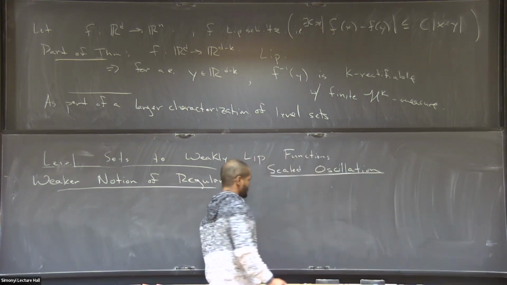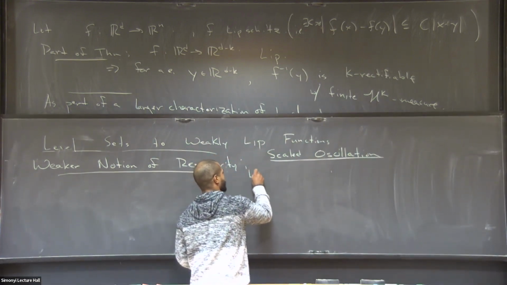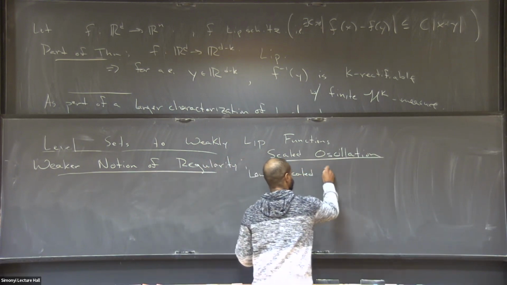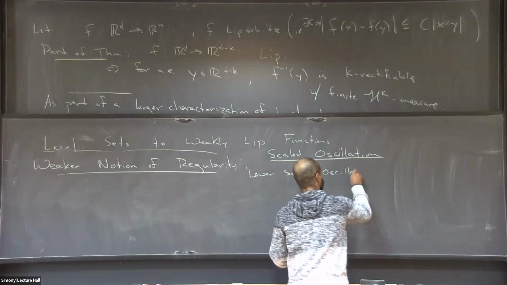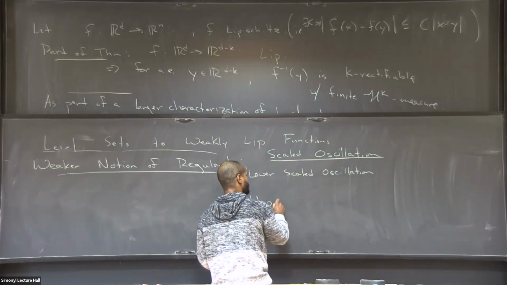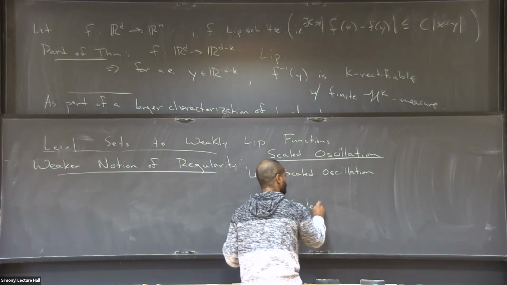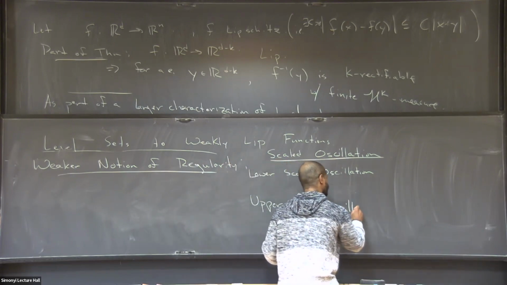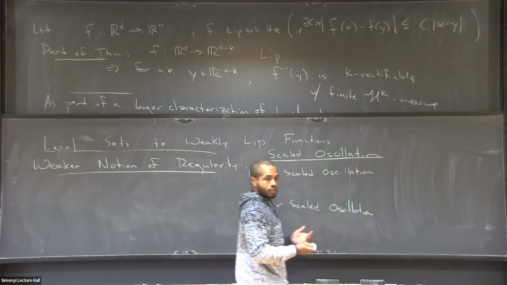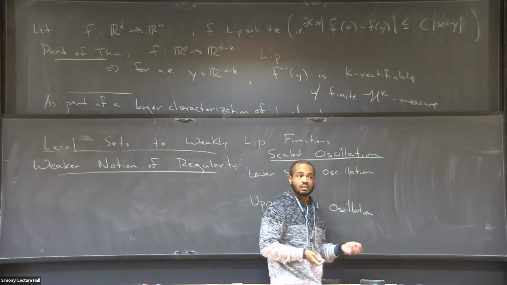There are two things: the lower scaled oscillation and the upper scaled oscillation. And they look just like local Lipschitz notions, okay?